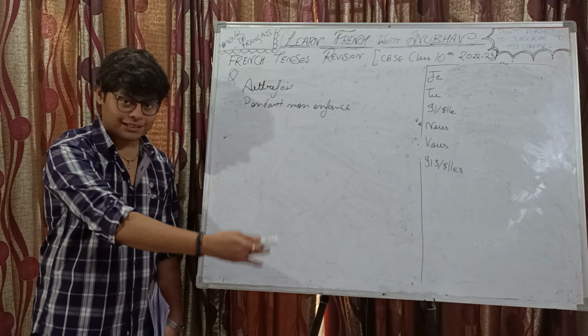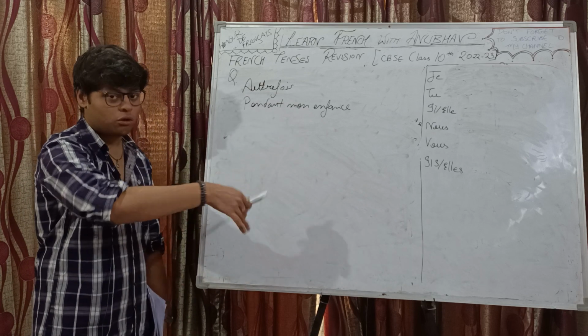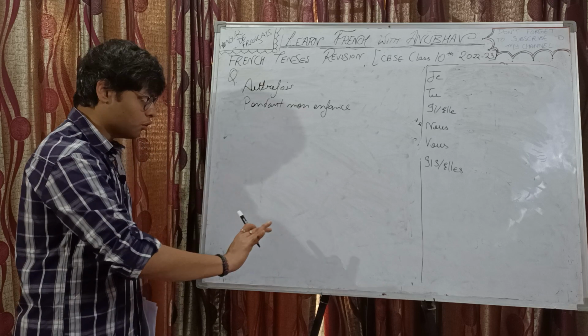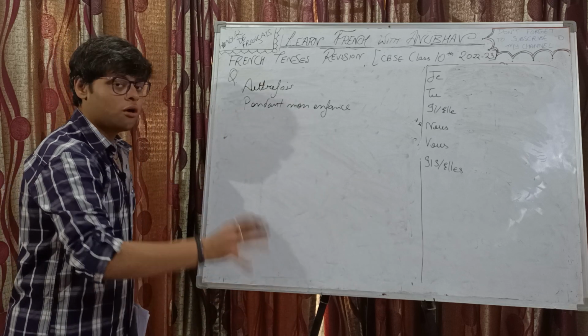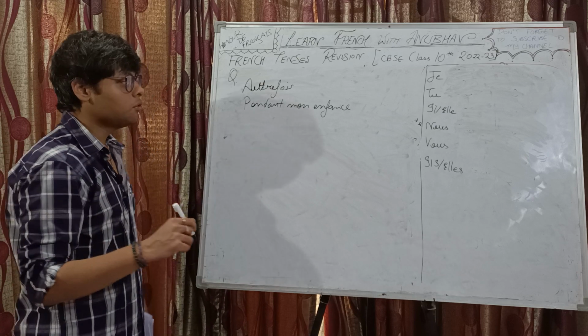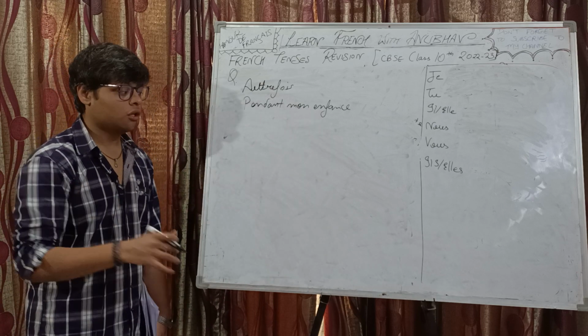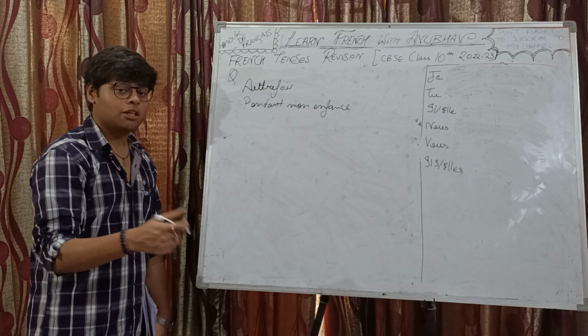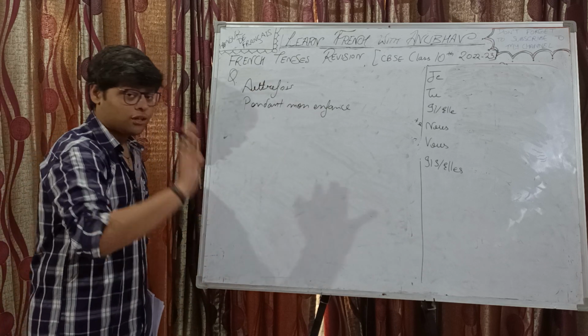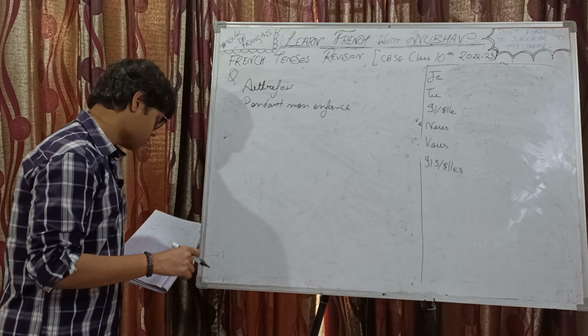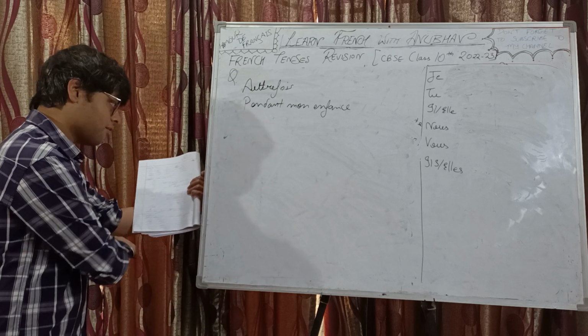Okay, so I'll be discussing it there. I don't want to include too many concepts at once to confuse you. So, pendant mon enfance, during my childhood, so long back. You're referring to something historical, something you continuously did, or some continuous action in the past, quite an old thing, right? For that you're going to use imparfait.